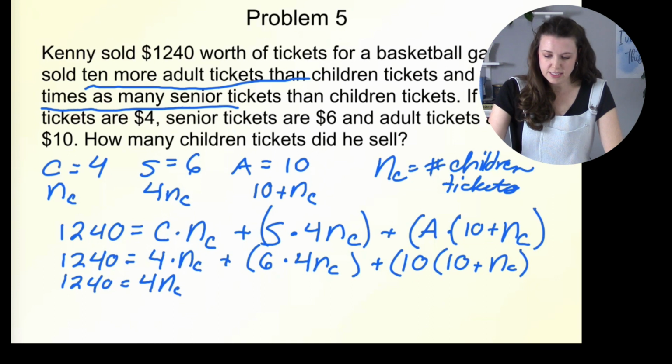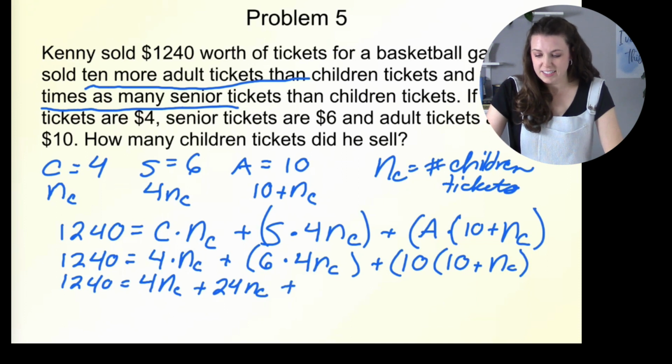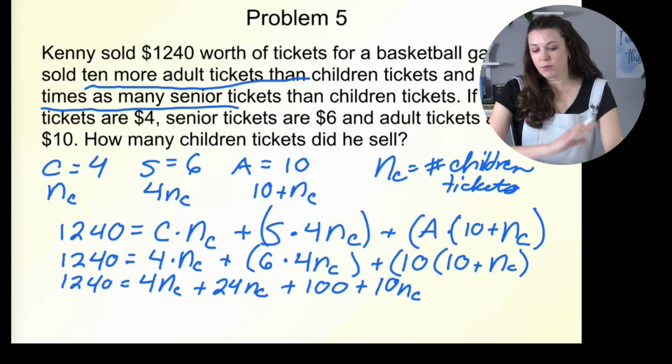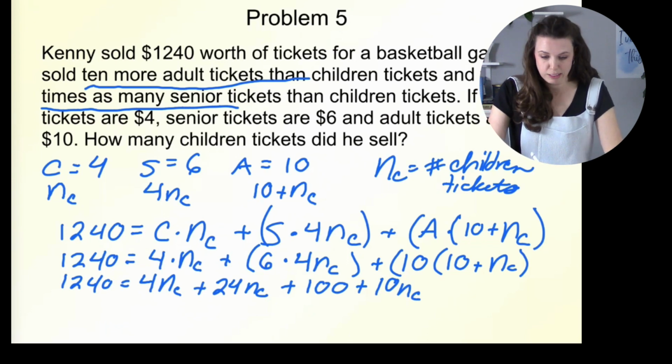Okay, so 4NC plus 6 times 4NC is 24 NC plus 10 times 10 is 100 plus 10 NC. And now we're just going to combine our like terms. I'm sort of running out of room here.